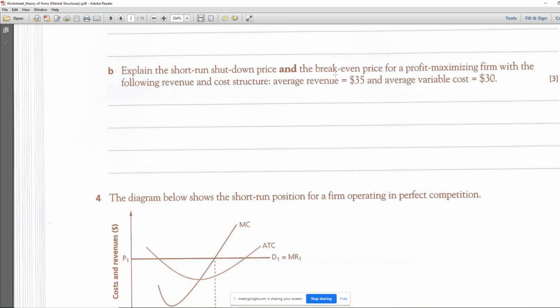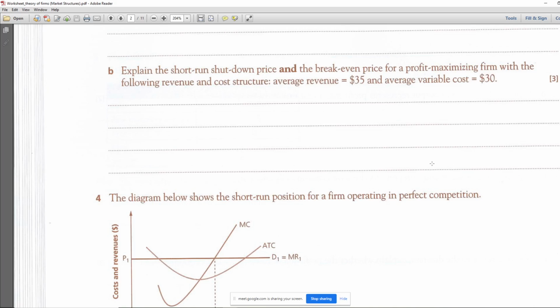And if we make more assumptions, then $30 will be at the lowest point of the average variable cost. So you see here, that's the answer: 35 for average revenue, 35 for break-even price, and 30 for shutdown price.